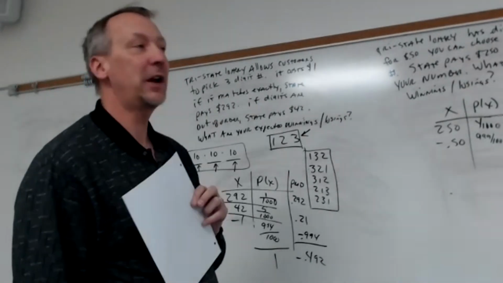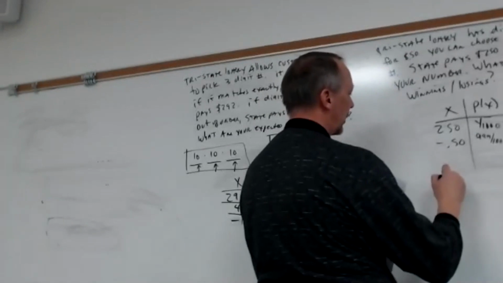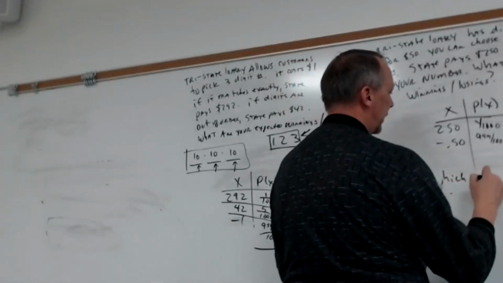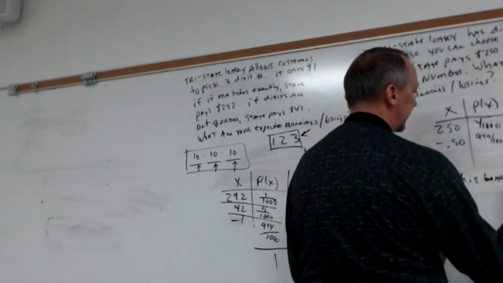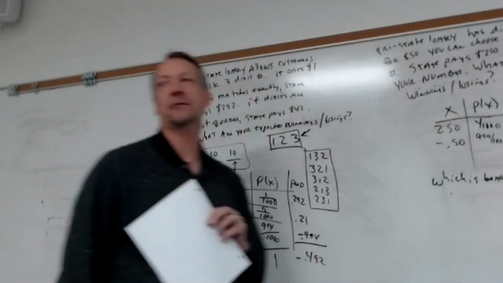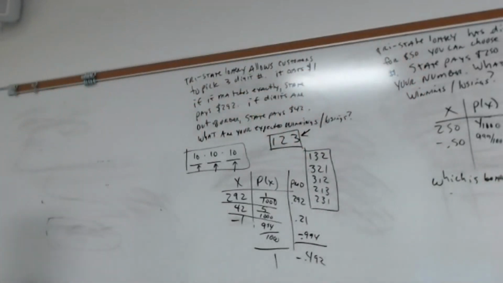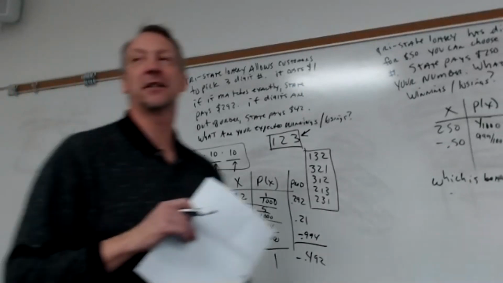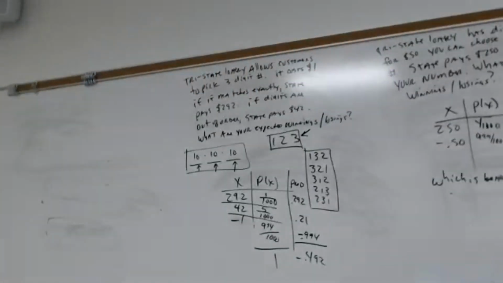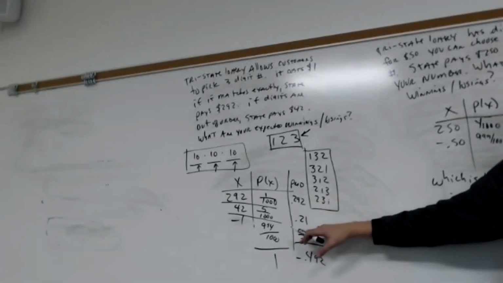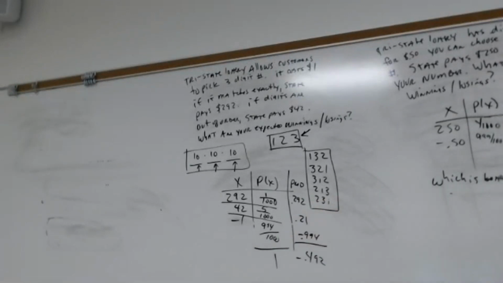So which is the better bet? Well, you have a better chance. Do you want to lose 25 cents or do you want to lose 50 cents? You've got more ways to win and more ways to lose.